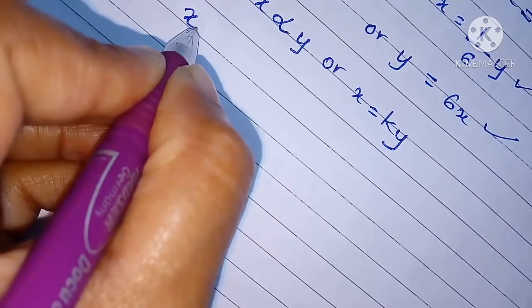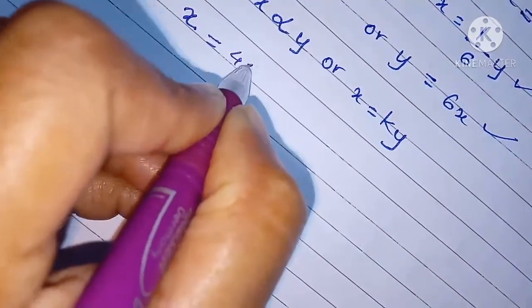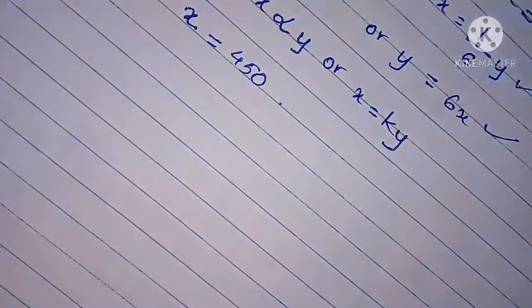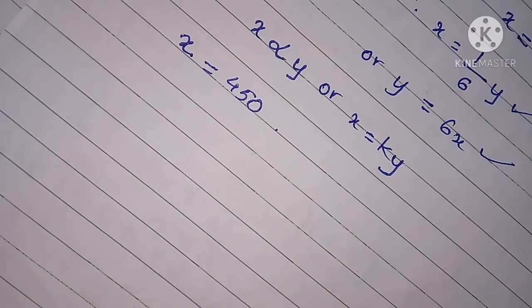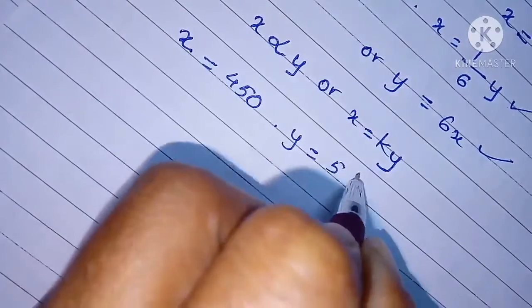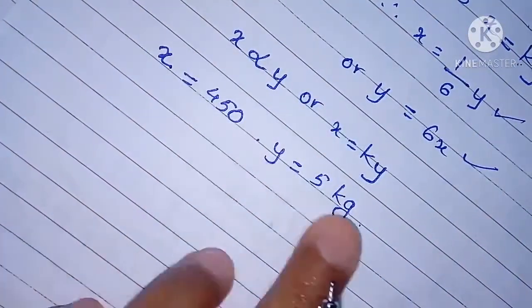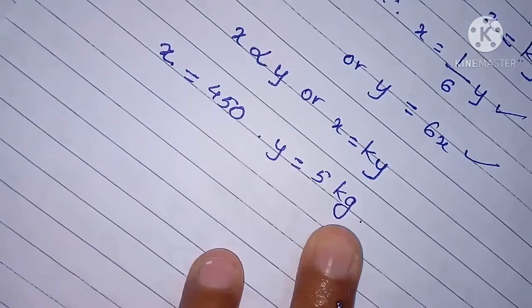Now x, the cost of groundnuts, is equal to 450, and y is equal to 5 kg of groundnuts. Here x is in rupees and y is in kilograms.